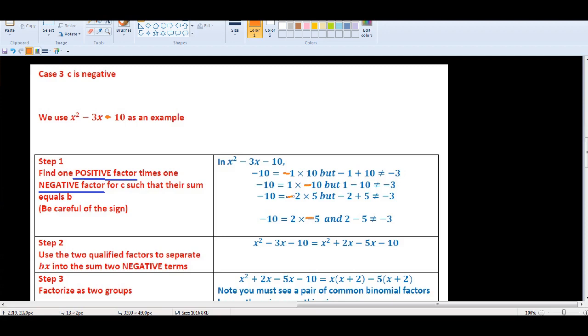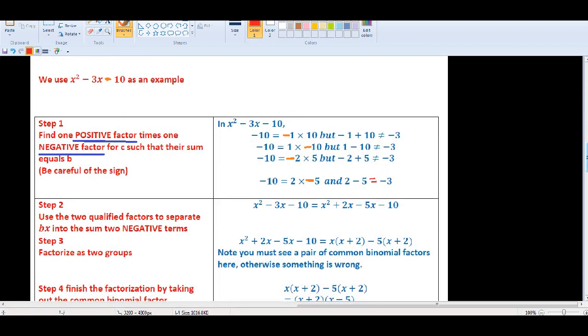So 2 times minus 5 is still negative, but this time when you add them together, you have 2 minus 5, which is minus 3. Sorry about the typo. That's what you've got.